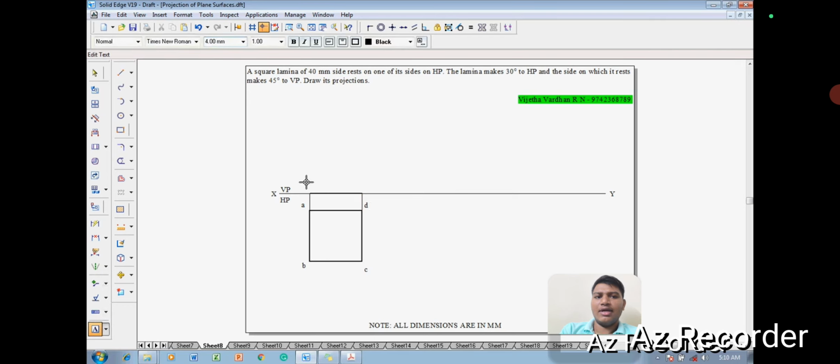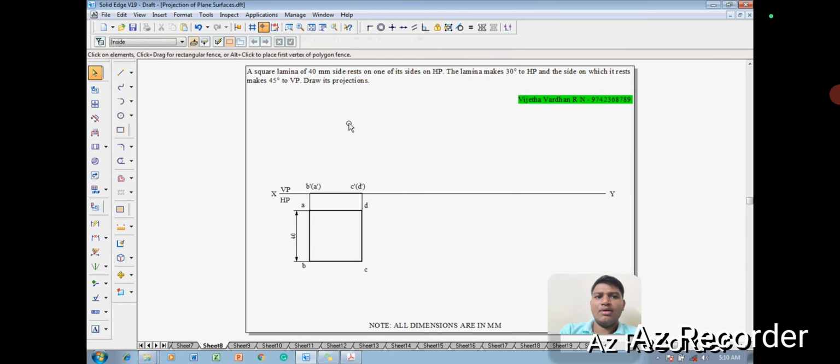Next I will give the text A dash, B dash, in bracket A dash. Next I will name them C dash and D dash. Next I will take out a length of the side that should be 40 mm.